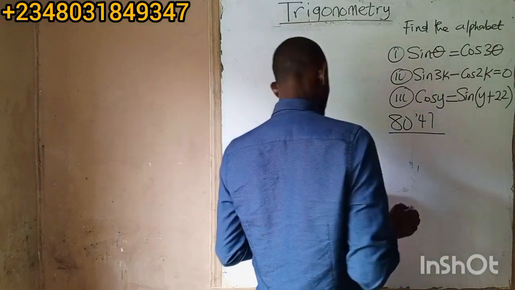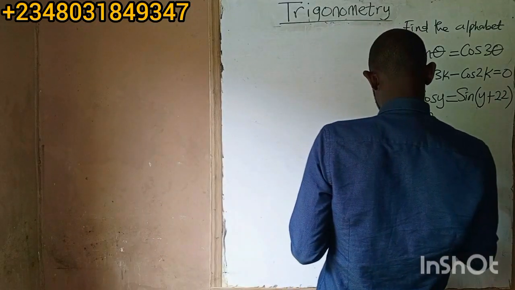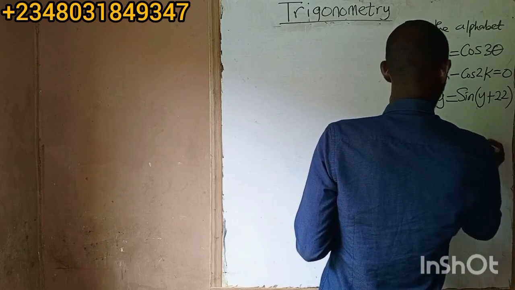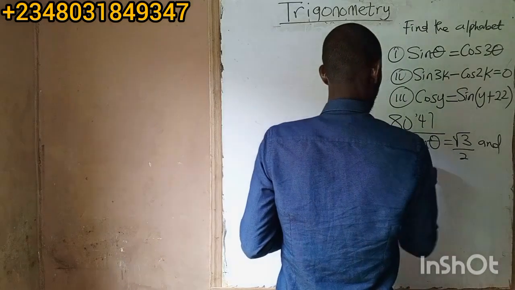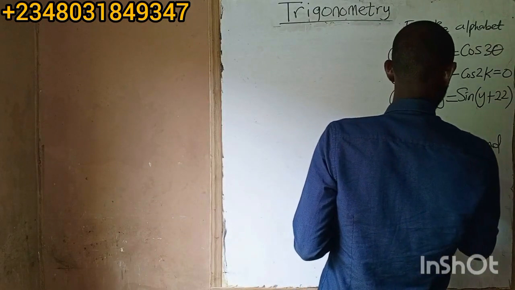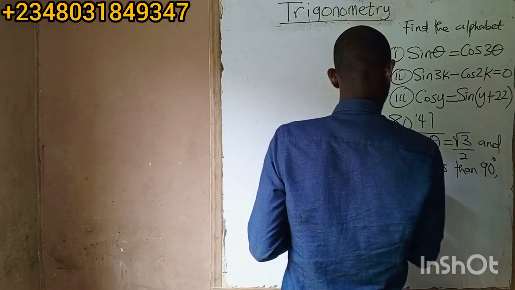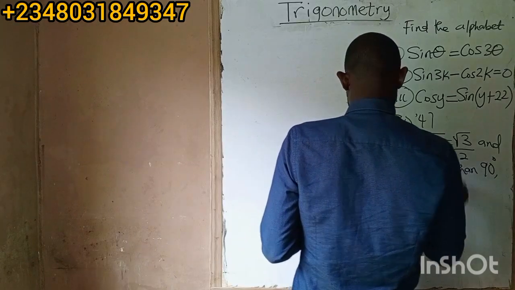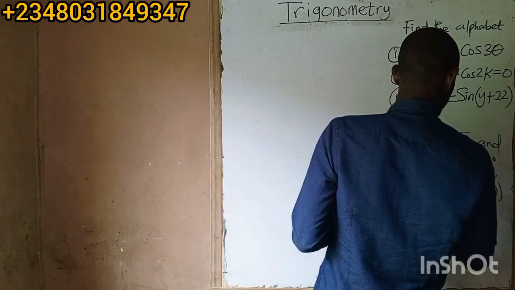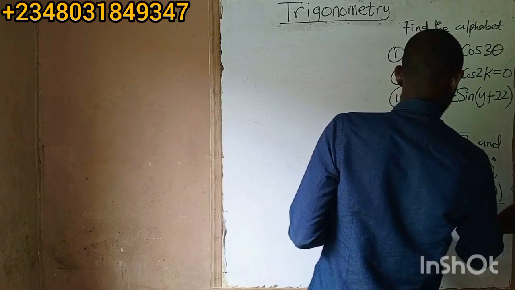JAMB question. The question says: if sin theta equals root 3 over 2 and theta is less than 90 degrees, calculate tan(90 minus theta) all over cos squared theta.